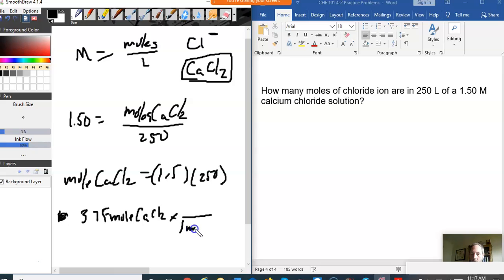For every mole of calcium chloride, there are 2 moles of chloride ion. So it's basically 375 times 2, which is 750. So the answer should be 750 moles of chloride ion. Does that make sense? Yeah, I got that right. Okay, pretty good.